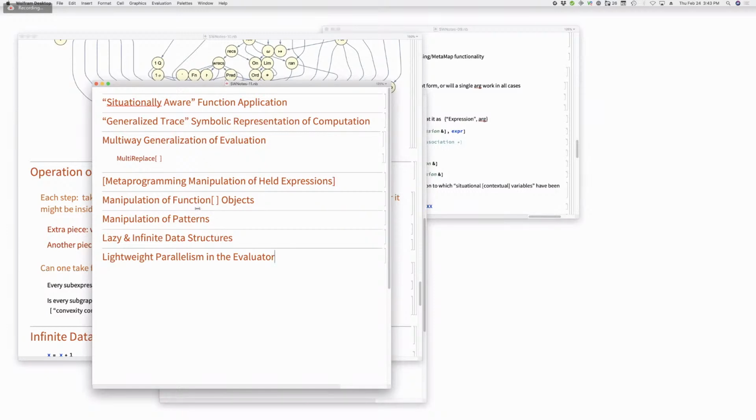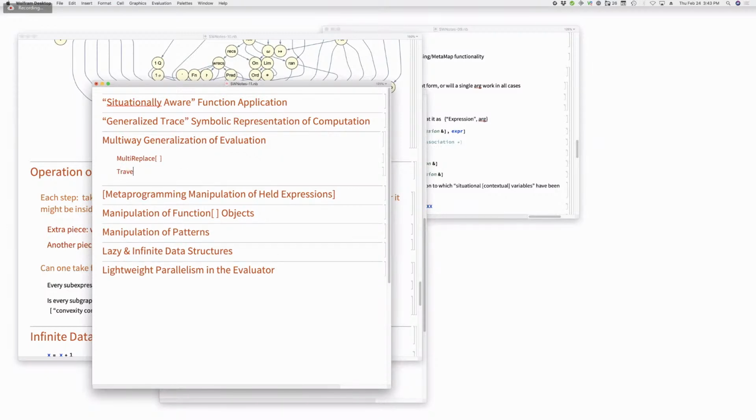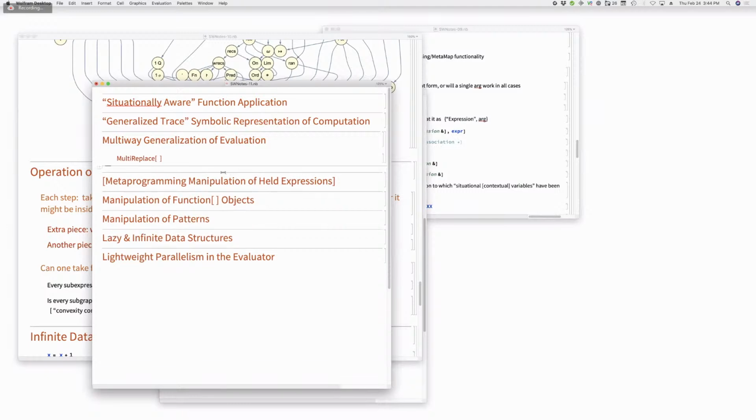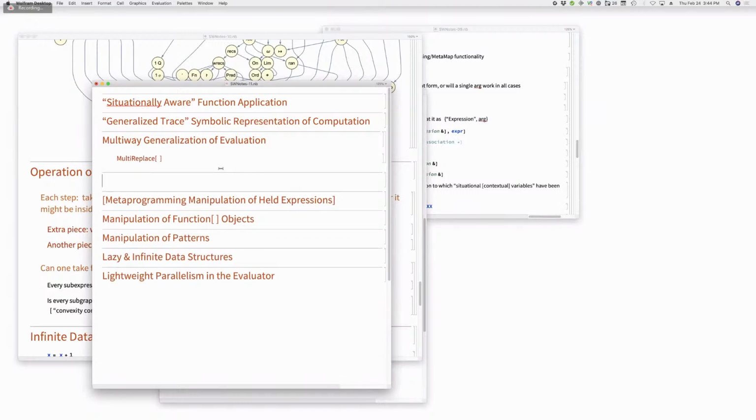And as soon as we have multi-way generalization of evaluation, we've also got these things about traversal. I suppose that's even a separate topic: symbolic description of traversal orders. That's a topic that occurs even without multi-way computation, although it's more poignant in that case.